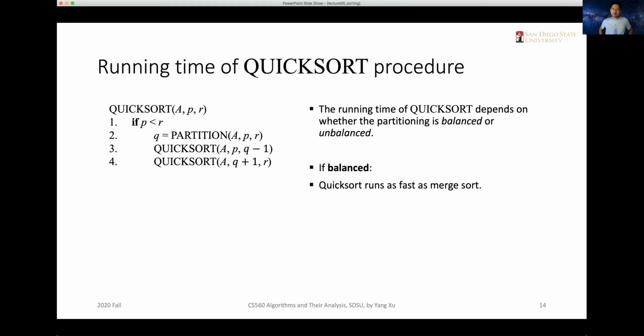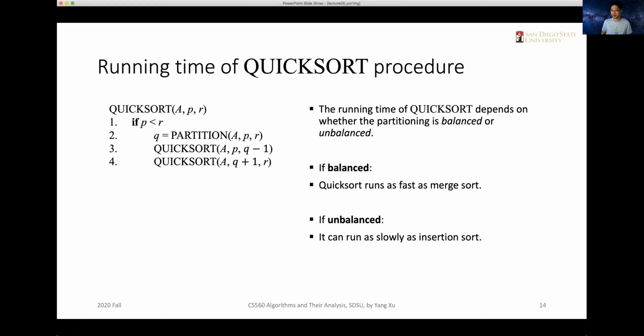If we're lucky that for each partitioning step, we obtain a very balanced partition result, so that the returned q is almost in the middle of the array for all the partitioning steps, then it's easy to imagine that quicksort basically runs as fast as merge sort, because all the subproblems are almost n/2 in size, almost half the size of the original problem.